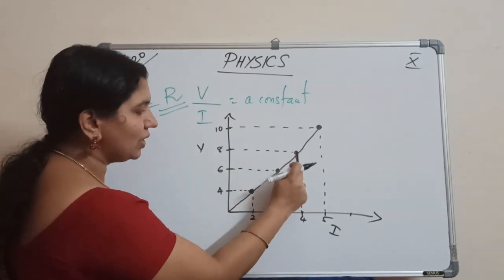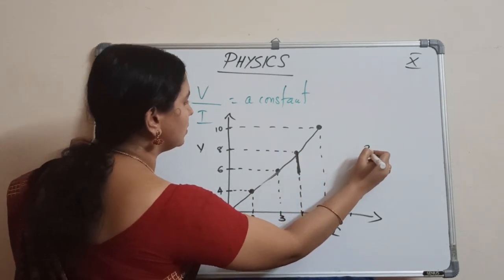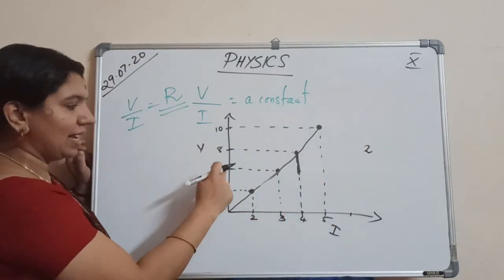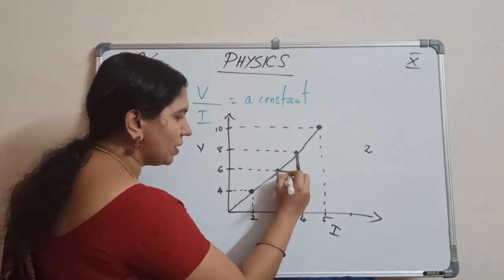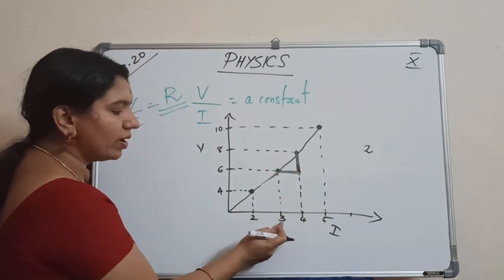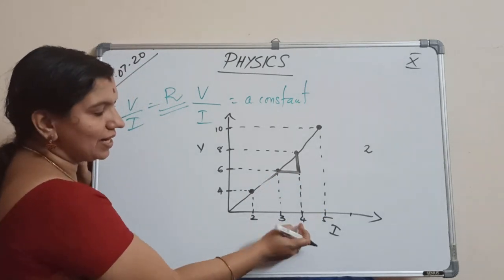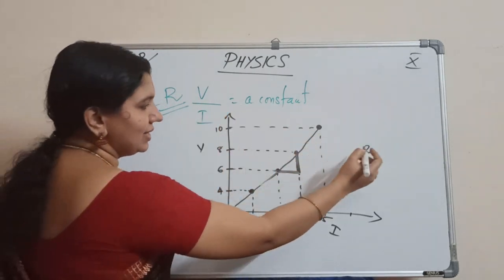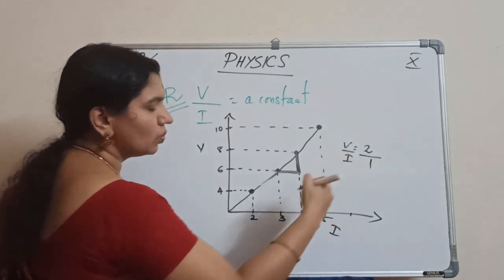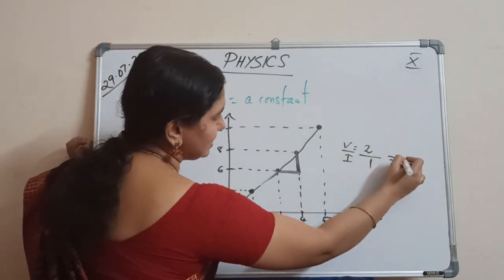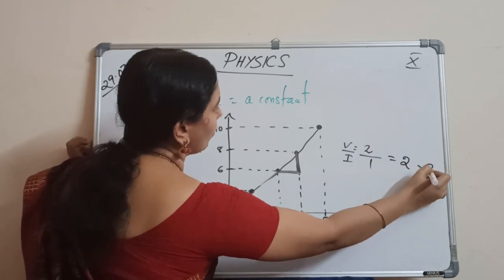So what is this value? This is 2, isn't it? 8 minus 6. So this value is 2. Again, if I am taking this particular value, 4 and 3, what is the difference? It is 1. So I can say V is equal to 2 and I is equal to 1, which you will get as 2 ohm.